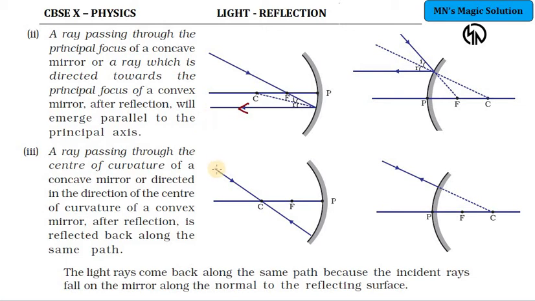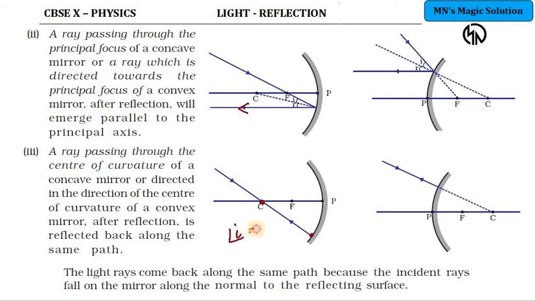Now coming to the third rule, it's very interesting. Passing through the center of curvature. Already we have said that the line passing through the center of curvature is the normal, isn't it? Here, if it goes through the center of curvature, then it will retrace its path. Why should it retrace its path? Any ray which is incident exactly through the center of curvature is going to make an angle of incidence with the normal as 0.